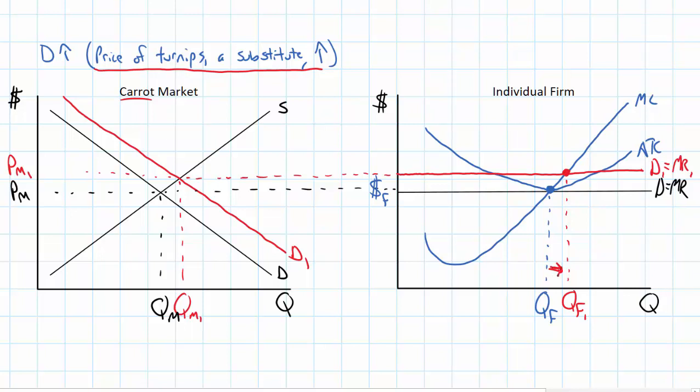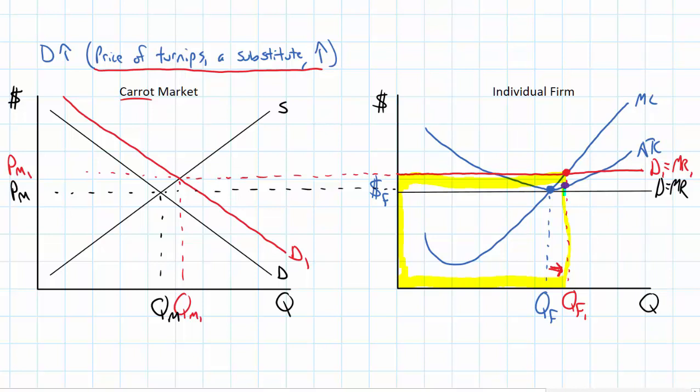They're producing more, and this rectangle here, the quantity times the price, this yellow rectangle, is greater than the rectangle I can create when I use my average total cost, which is right here. My average total cost would be about right there, and I'll highlight this.